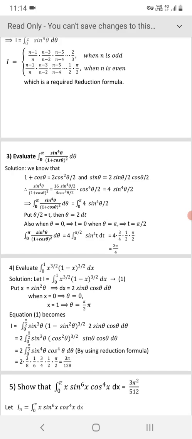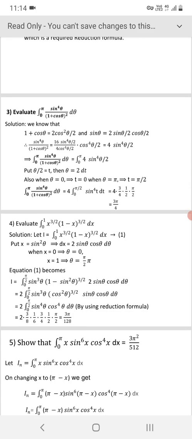And problem number 3: evaluate the integration from 0 to π of sin^4 θ by 1 plus cos θ with respect to θ. Solution: we know that 1 plus cos θ is 2 cos² θ by 2, and sin θ is 2 sin θ by 2 into cos θ by 2. So these are nothing but submultiple angles we learned in trigonometric functions.